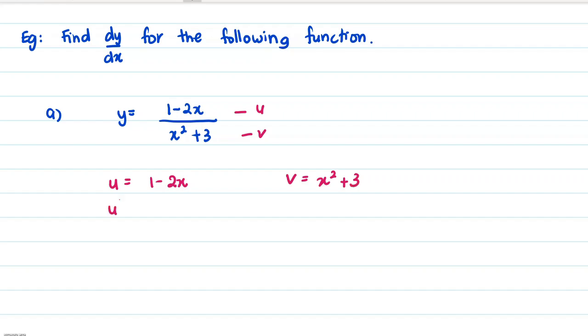We want to find u prime. To differentiate, kita akan dapat differentiate 1 dapat kosong. Differentiate negative 2x, kita akan dapat negative 2 lah. So kita hanya differentiate yang ada x sahaja. And then next, to find your v prime, it is 2x.